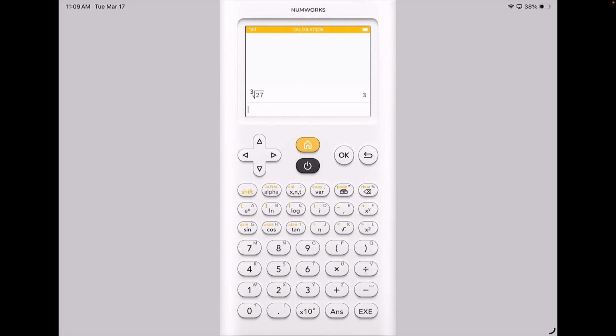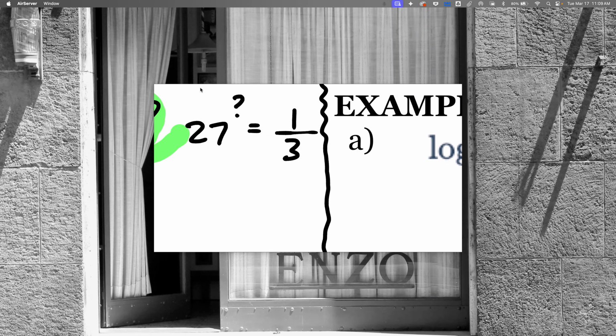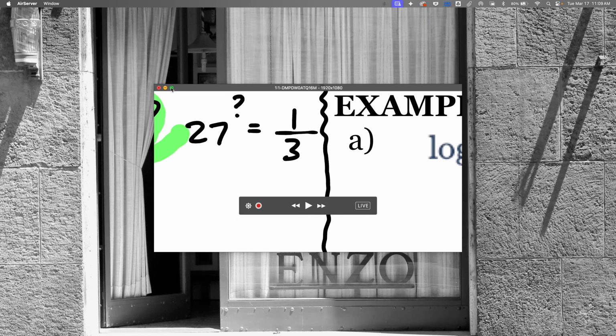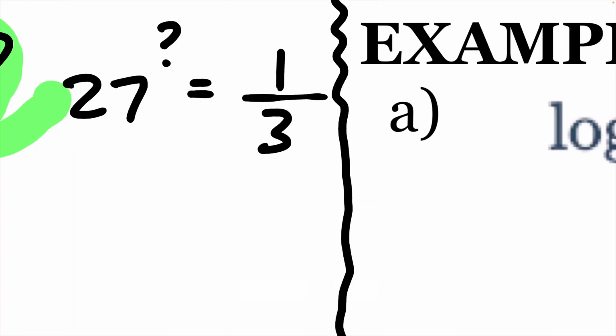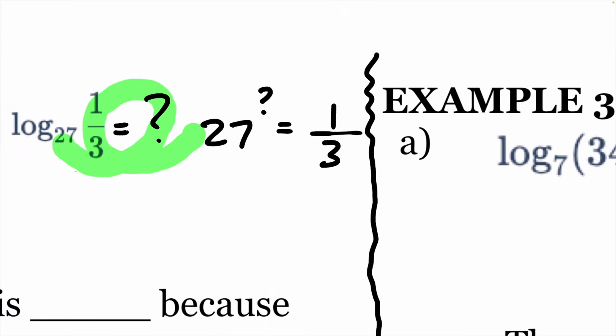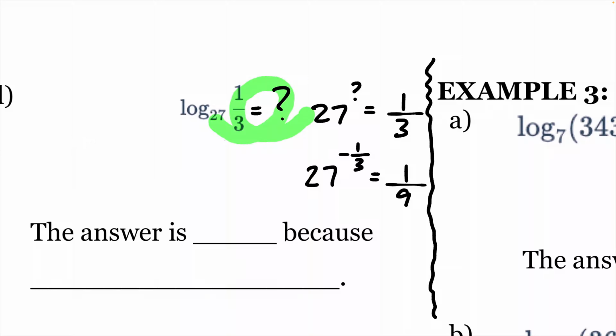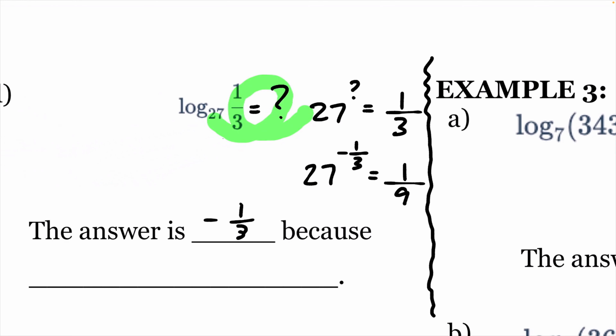Just like square root means 1/2, third root means 1/3. So 27 to the -1/3 is going to make 1 over 9. So what is my answer? -1/3, because 27 to the -1/3 equals 1/9.